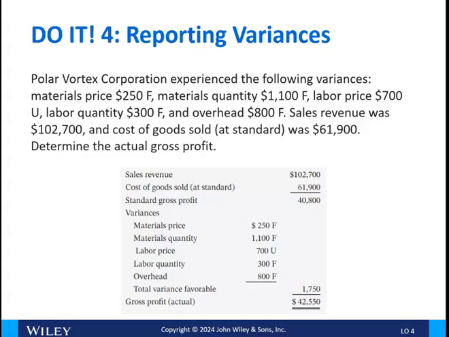So the sales revenue minus the standard cost of goods sold gives a standard gross profit of $40,800. We had a net variance of $1,750 favorable. So that increases our profit. So our gross profit increases to $42,550.